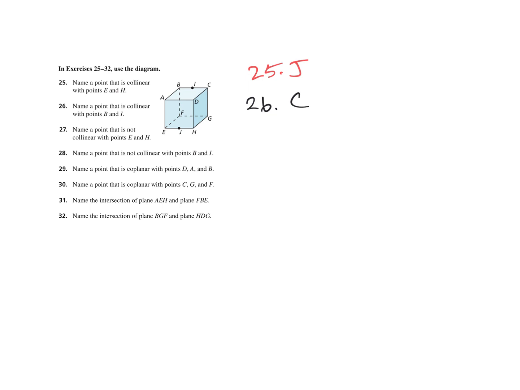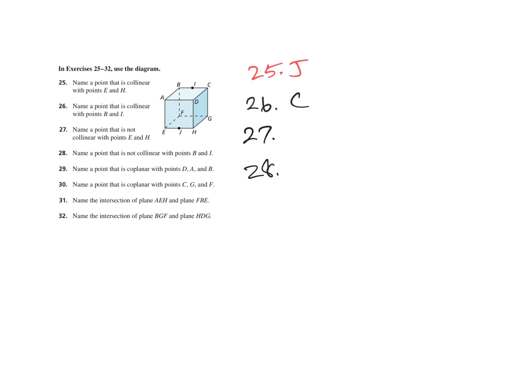All right, next, 27. Name a point that is not collinear with E and H. So here's E and H, and any point that is not on that line, so A, B, I, C, D, G, and F, those are all possibilities. 28.